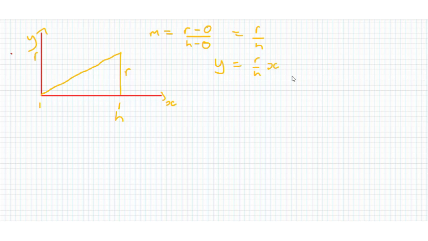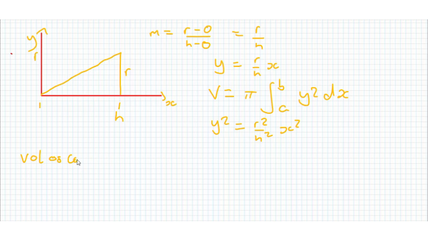So for a rotation around the x-axis, remember the formula is V is equal to pi, integral from b to a, of y squared dx. So we need to find y squared, so y squared is equal to r squared over h squared x squared. So the volume of the cone is equal to pi r squared over h squared.